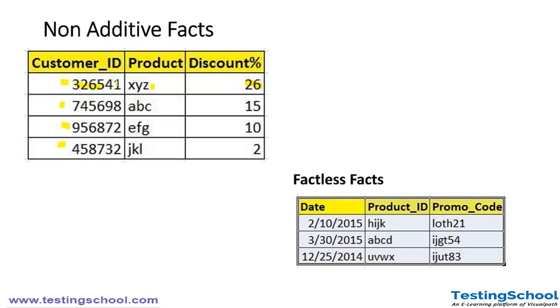Now let's say there is a customer who has bought the same product again, even then if you group it, it doesn't make sense that he's got more than 26% of discount, right? So for a customer, for a product, he'll get only a specific percentage of discount, right? So this kind of facts do not have an option to perform any summarization or aggregations. Those are non-additive facts.